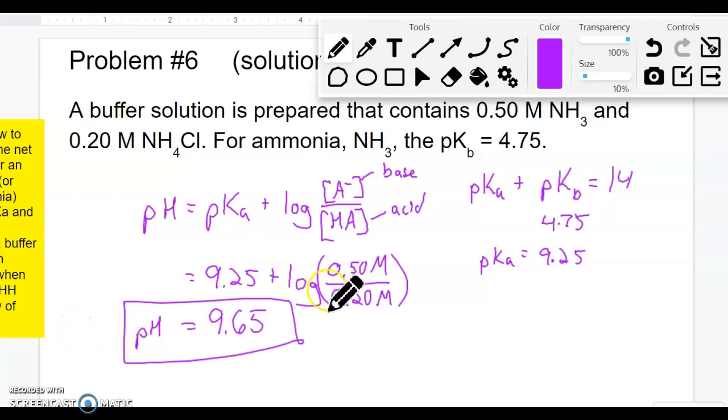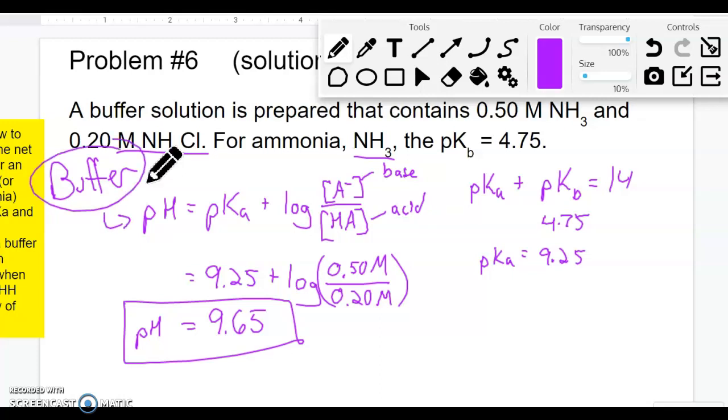So, two ways to solve it out, but if you recognize that this is a buffer, we're not adding a strong acid or a strong base to it, we can use the Henderson-Hasselbalch equation because we're dealing with a buffer. And so we'll see in our next problem that we can also use this equation to shorten some things up, but we will need to do a couple other things with it too. All right, so see you there.